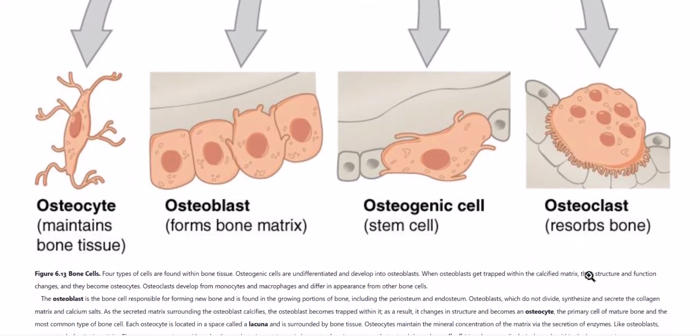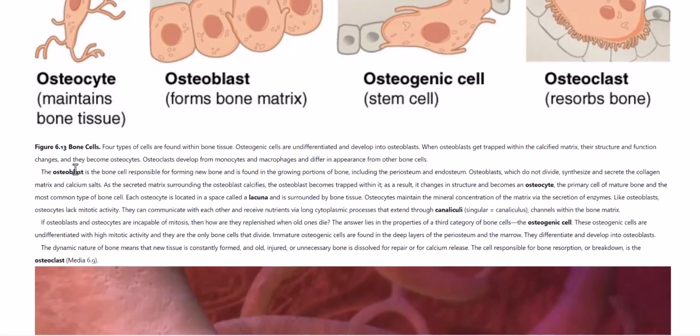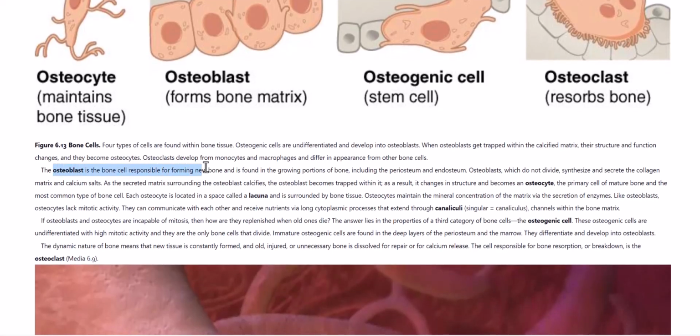So osteoblasts, again, are forming new bone. Osteocytes are mature bone, right? They've already done their building and are hanging out. We see those osteocytes in the lacunae speaking to each other through canaliculi. And where those cells came from were the osteogenic cells.